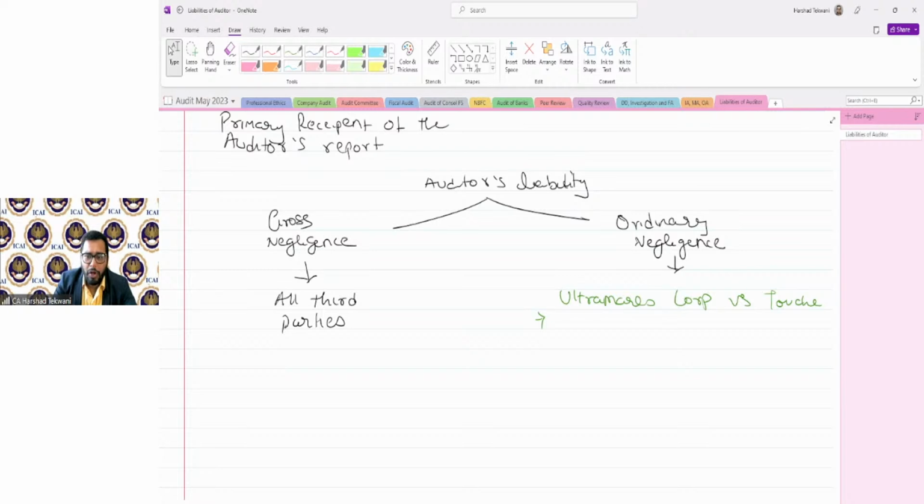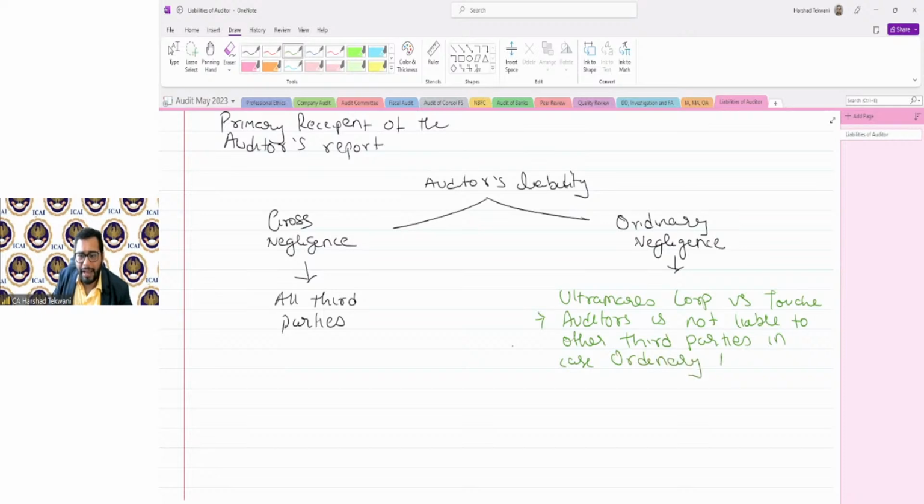He can be held liable for ordinary negligence to the primary beneficiary, but not to the other beneficiaries. So the auditor is not liable to other third parties in case of ordinary negligence.